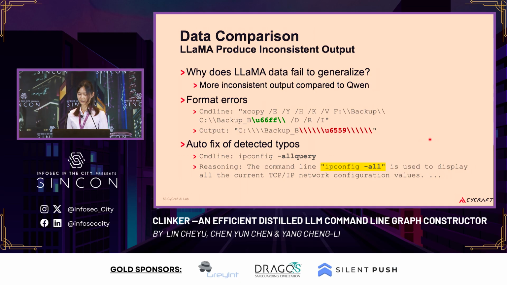And another interesting fact is, as we mentioned earlier, Llama tends to fix the input command line when it detects possible typos. But this may result in a case that the parse tokens don't appear in the original input command line, like in the case on the bottom. Thus, typos in synthesized data might have a more profound impact on the fine-tuning process, leading to overfitting.